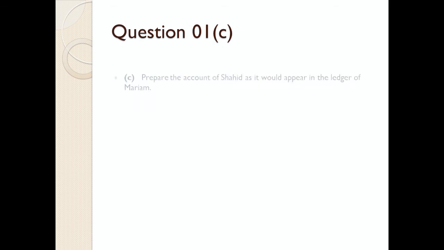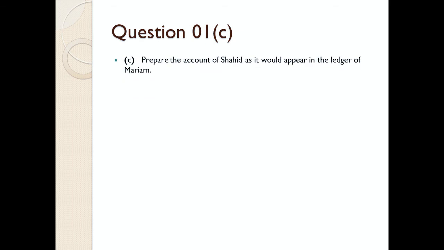Let's see this. Prepare the account of Shahid as it will appear in the ledger of M. It is exactly the opposite position. Now you have become the bookkeeper of M. You have to record Shahid's account over there.